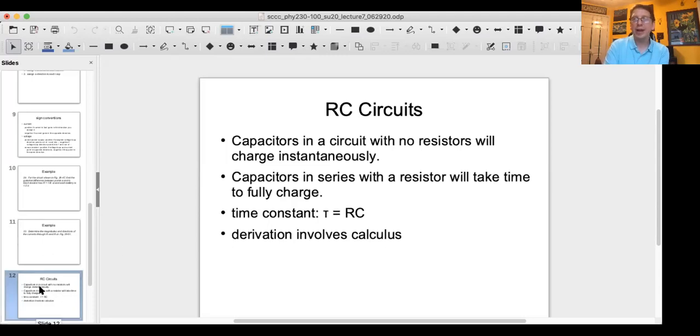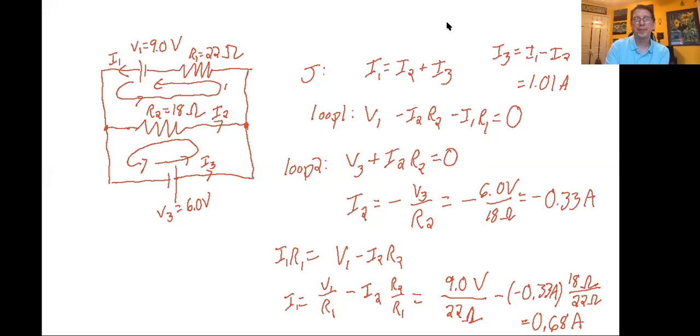So we're going to derive the relationship of the charge that builds up in the capacitor as a function of time. So how does that look? Let's go to the whiteboard, and hopefully we will have enough space to do this. So we have a basic RC circuit, and we have a resistor and a capacitor in series.